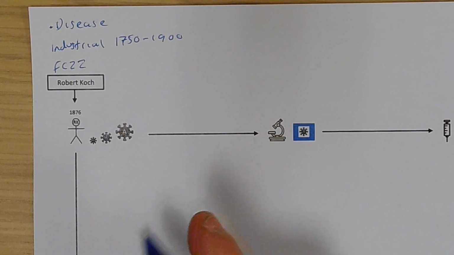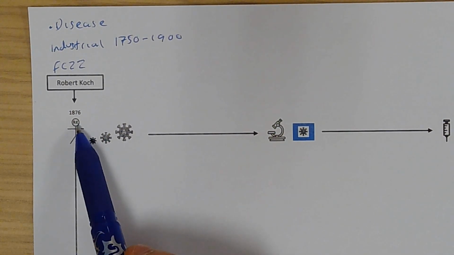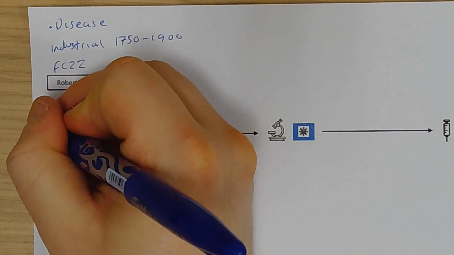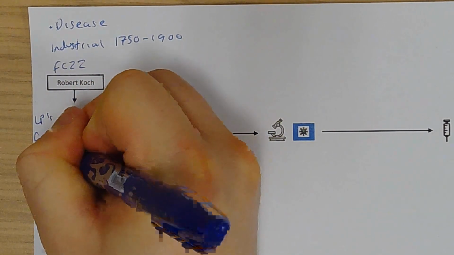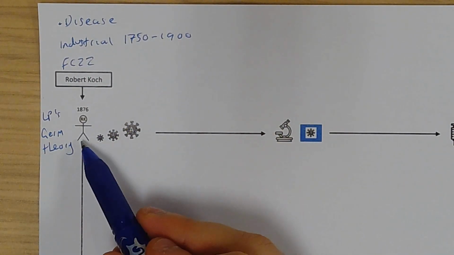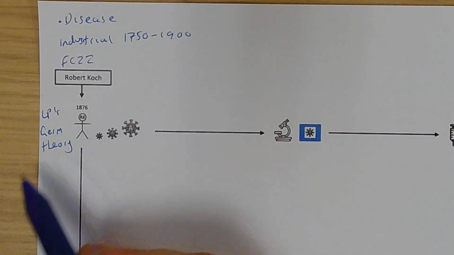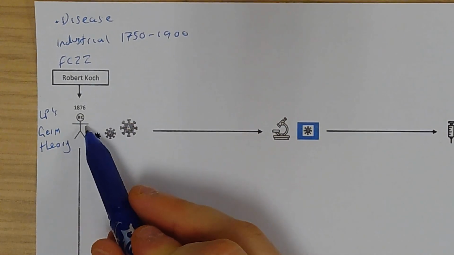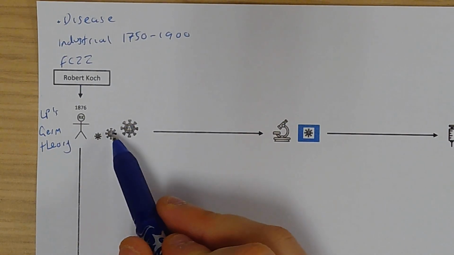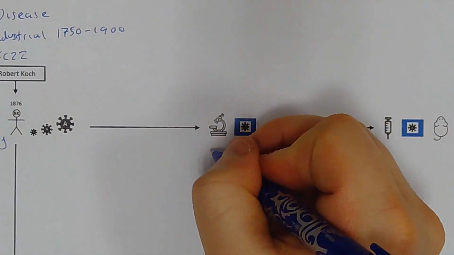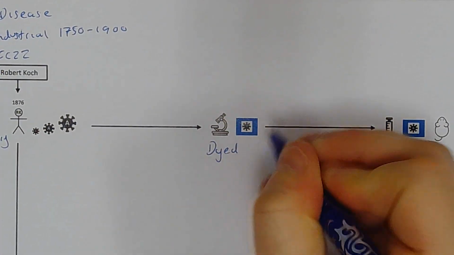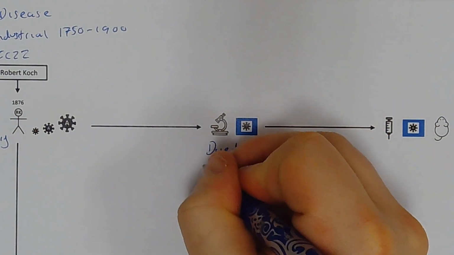So let's start off. In 1876, Robert Koch was a believer in Louis Pasteur's germ theory that germs cause disease, but he wanted to research germs more. So what he did was he grew a germ called anthrax, and under a microscope he dyed the germ blue so he could see it.